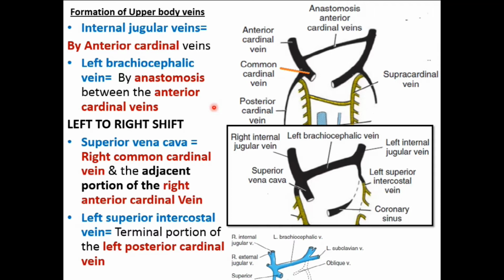Now, first of all, we will see what will happen to the anterior, posterior and the common cardinal veins. The anterior cardinal veins on both sides, if we trace them up, they will develop into the internal jugular vein.